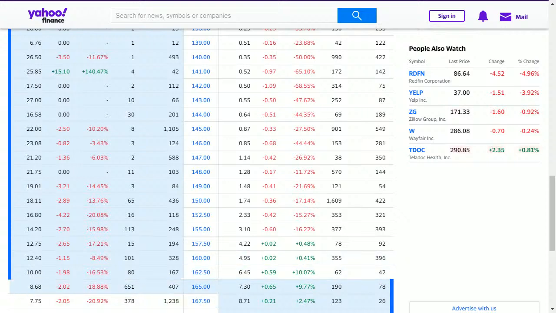So the at the money straddle that expires this week, closest to expiration, is pricing in about 16 points. 8.68 plus 7.30 gives you roughly 16. That tells you what the market is anticipating in terms of movement over the course of the contract's expiration.